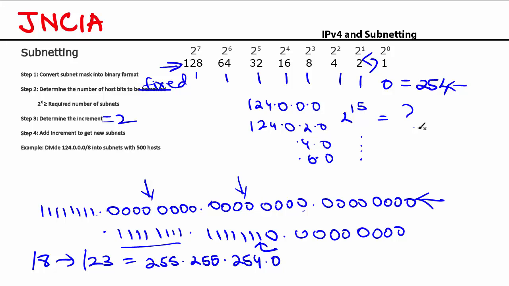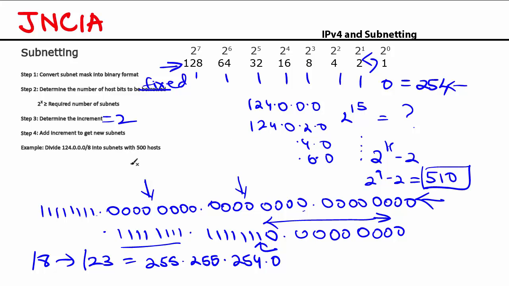The total number of hosts per subnet will be 2 power h minus 2. In this case, every subnet will have the last 9 bits reserved for host bits. So the total number of hosts per subnet will be 2 power 9 minus 2, which is 512 minus 2, and that is 510, which satisfies the original requirement of 500 hosts.